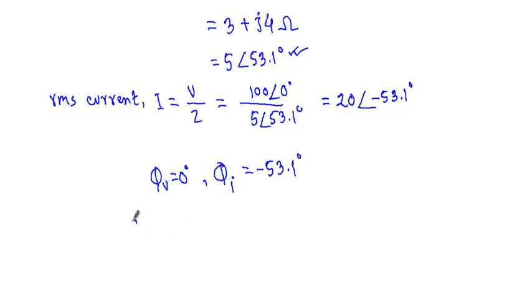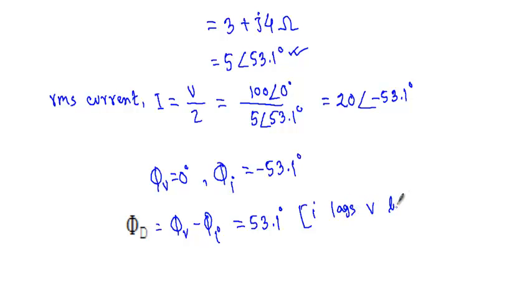Therefore the relative phase angle, or phase difference phi D, equals phi V minus phi I, which is 53.1 degree. Here current I lags voltage V by angle 53.1 degree, because the angle of current is negative.